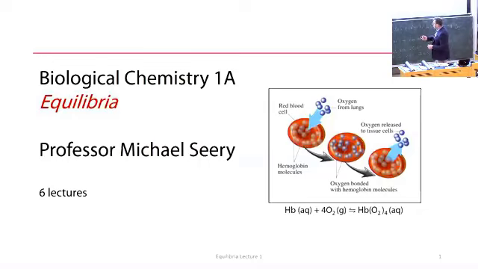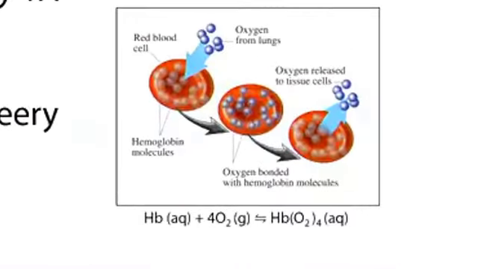So this system here is one we'll discuss a little bit more in the next lecture. I'll mention it at the end of this lecture, but this is the classic situation where equilibrium chemistry comes into play. So we have a system where oxygen from the air needs to get into body tissue.